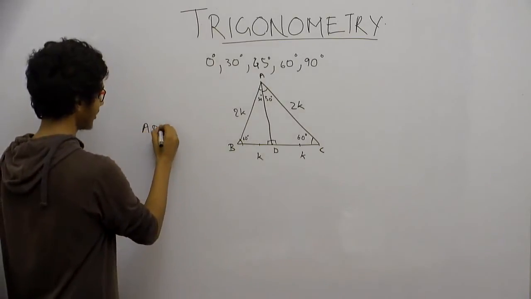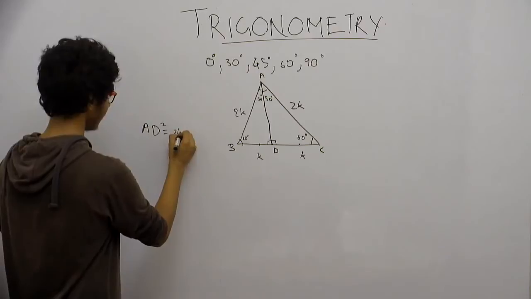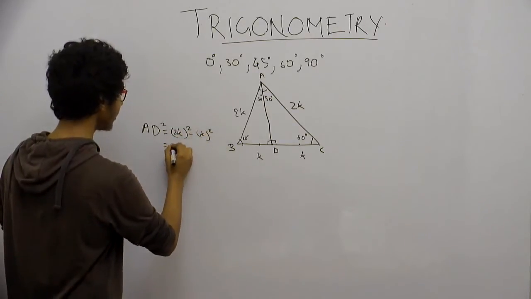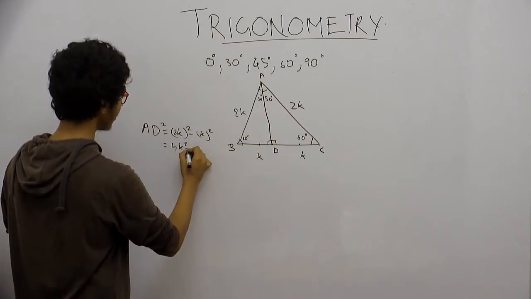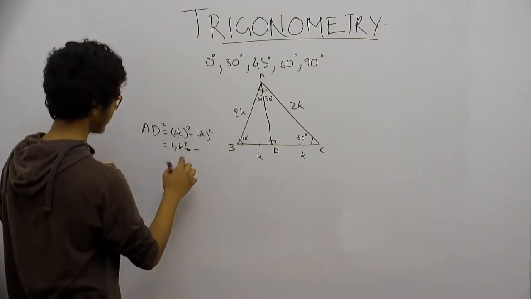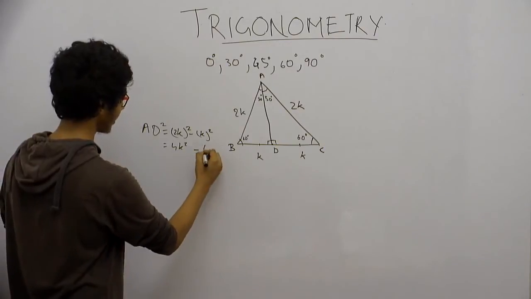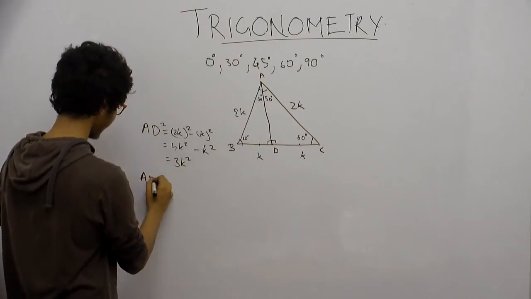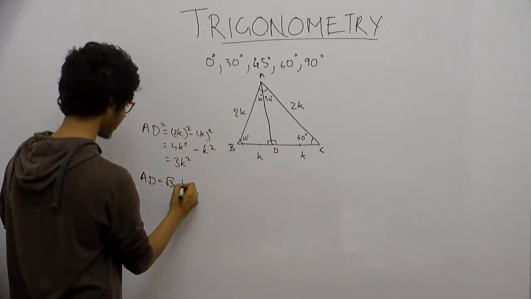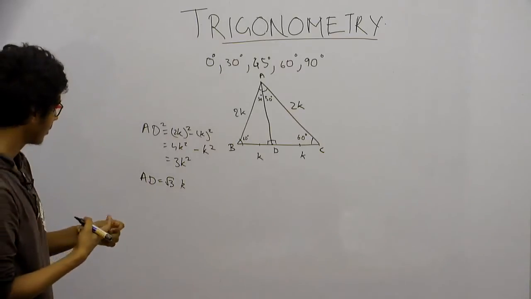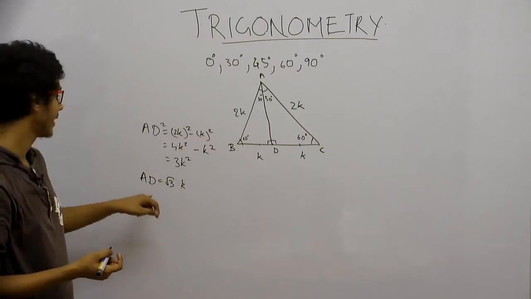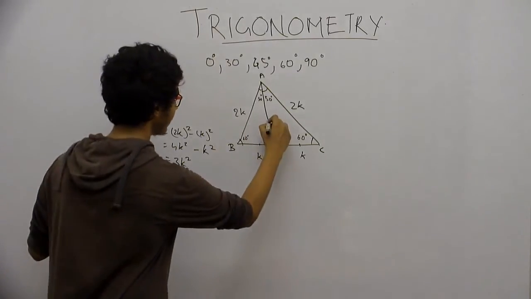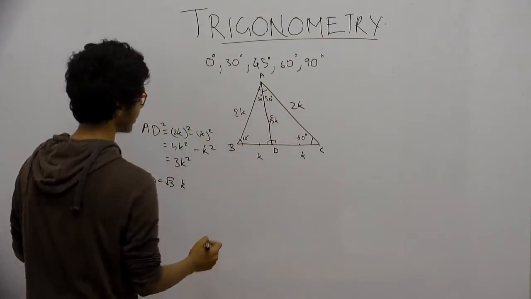We get AD square equals to 2K whole square minus K square, is equals to 4K square minus K square. This is equals to 3K square. Implies AD equals to root over of 3K. Okay. Now obviously we did not take the negative one for the same reason that we haven't been taking it. So we find the value of this as root 3K.